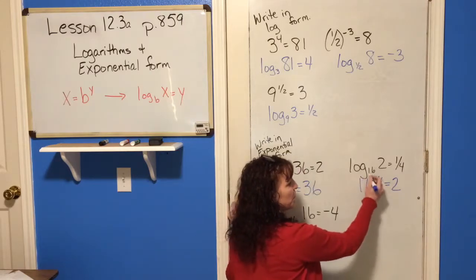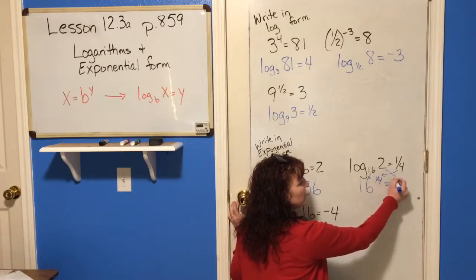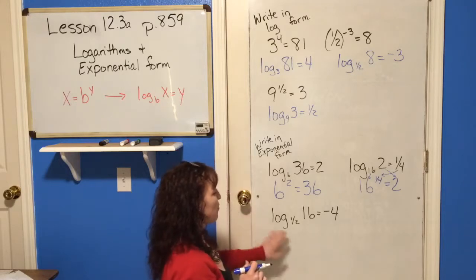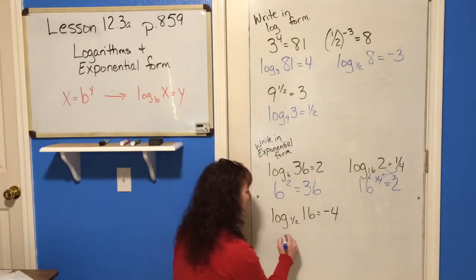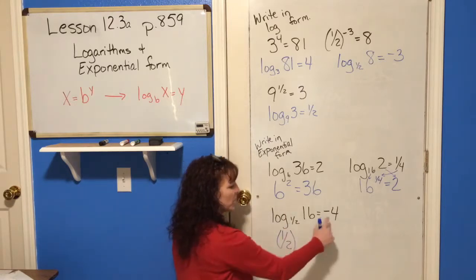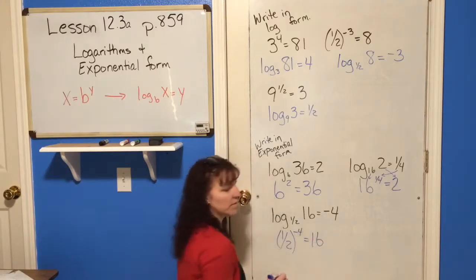This is the exponent, and this is your answer. Next, log base 1/2 of 16 equals -4. So the 1/2 is your base: 1/2 to the -4 power equals 16.